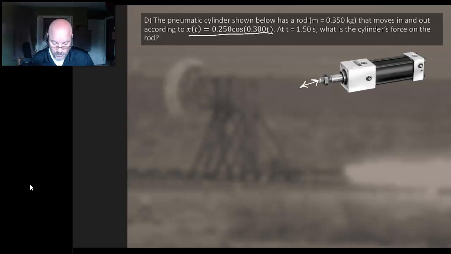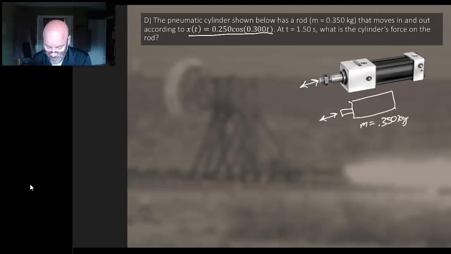Okay, so what I want to do is write stuff down, so I've got to make my sketch. Although, let me show you what I would do on my own, if I didn't have a drawing. I'd say, okay, it's moving in and out, and the thing that's moving has a mass of 0.35 kilograms.